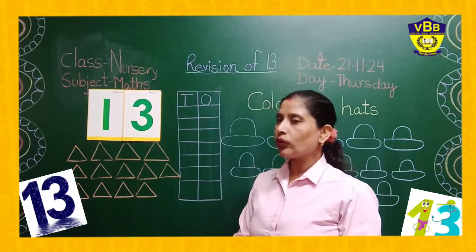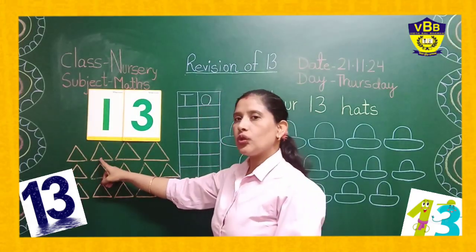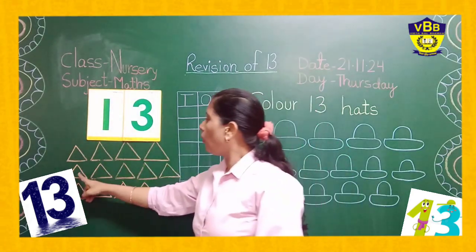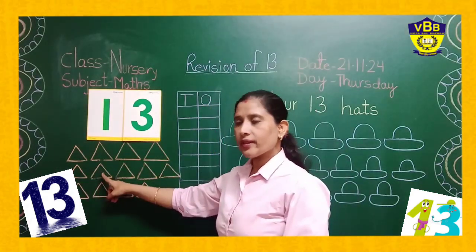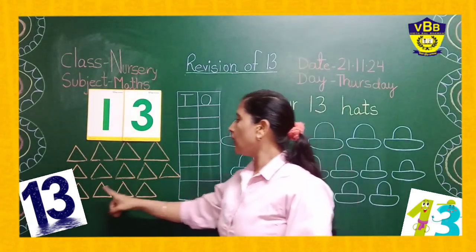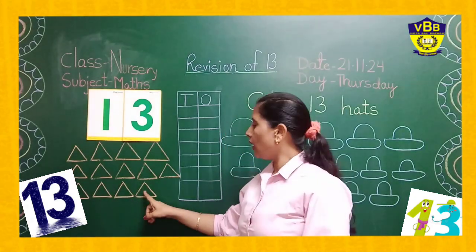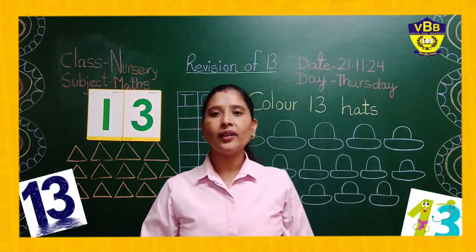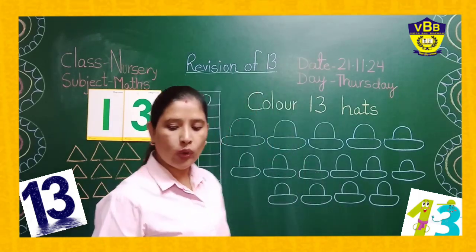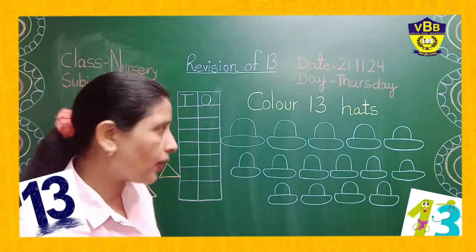So let's start the counting from the left side. 1, 2, 3, 4, 5, 6, 7, 8, 9, 10, 11, 12, 13. How many triangles are there? 13 triangles are there.